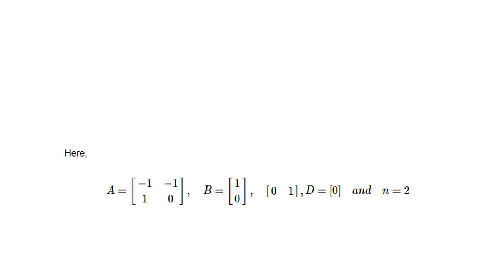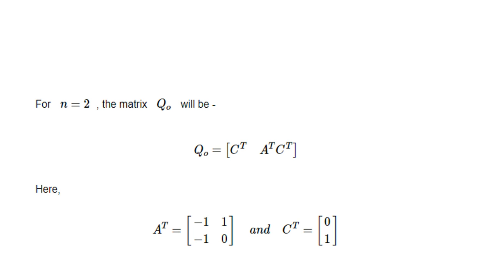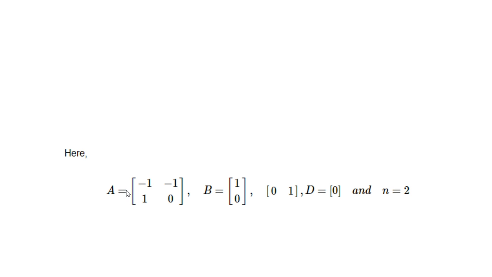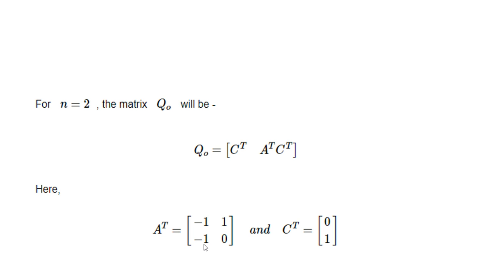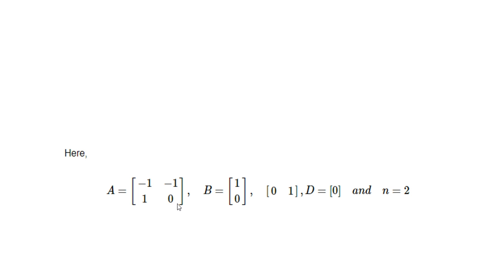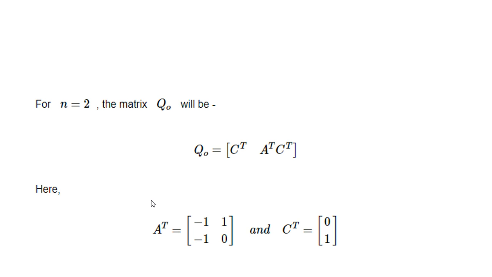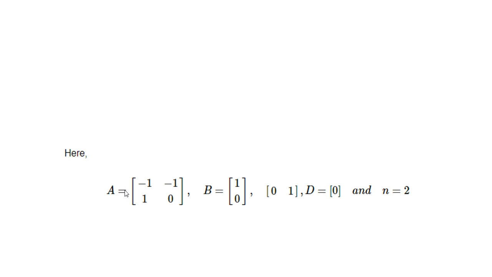See here, in A, minus 1 and minus 1 is a row, and here it becomes the first column. Similarly, the second row, 1 0, becomes the second column. So rows become columns, and AT is derived from A.